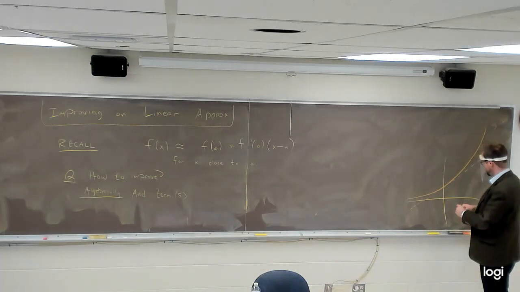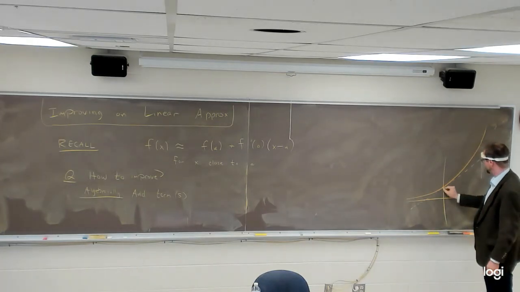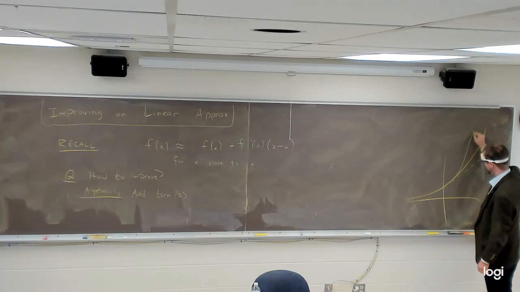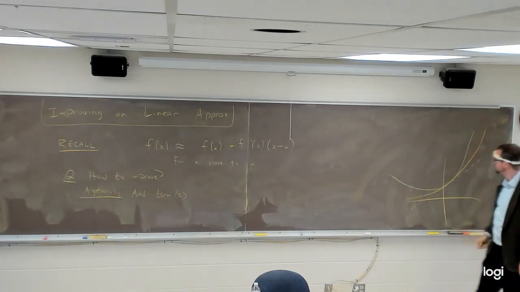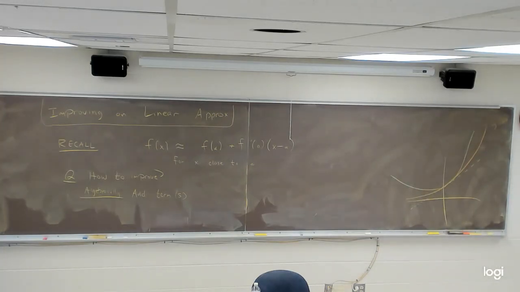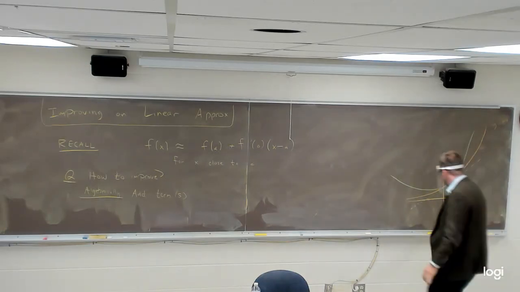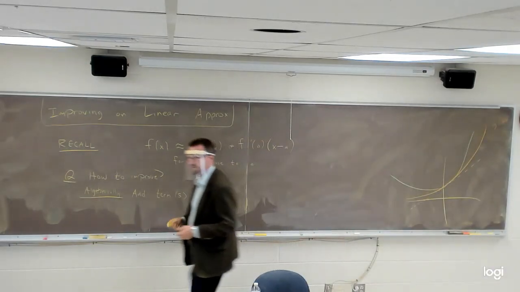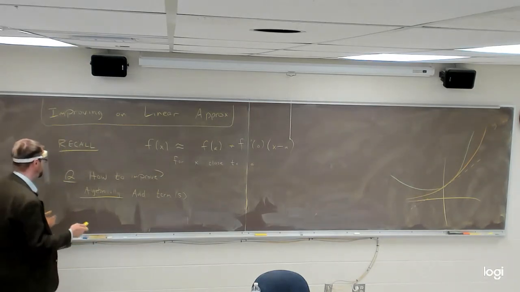But I could ask for a next simpler example, like what's the best parabola fit? And maybe there's a parabola that nearby looks an awful lot like e to the x. And it's possible that the parabola will do a much better job of approximating e to the x because it's curvy, right? It looks a lot more like the e to the x curve. So visually, you might say, hey, what if I allow myself to use, say, parabolas?